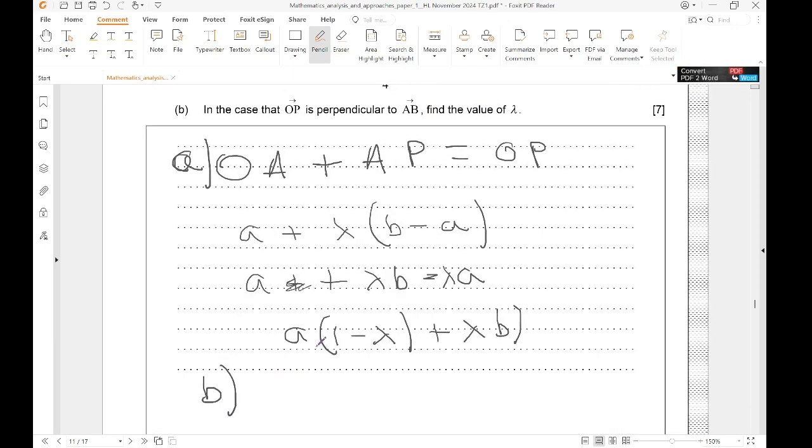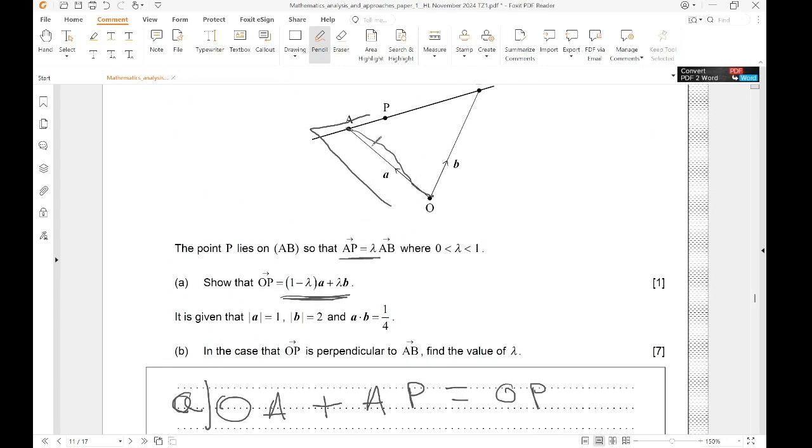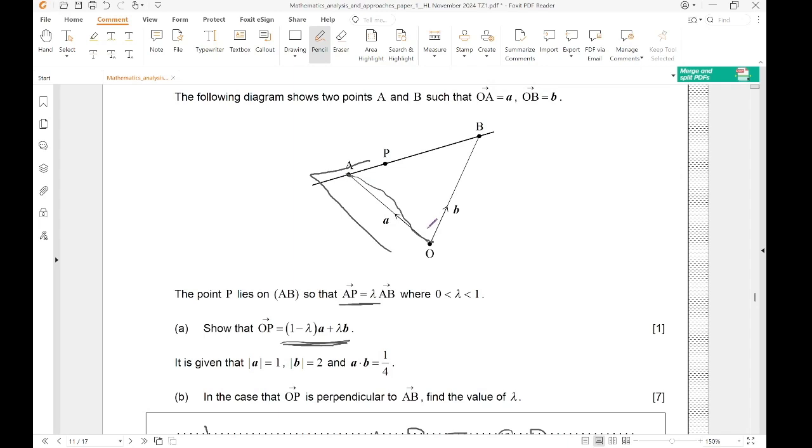Now this is a 7 marker. In the case that OP is perpendicular to AB, find the value of lambda. So O to P, they're asking for this line over here.